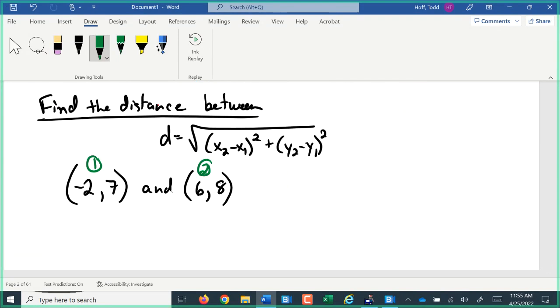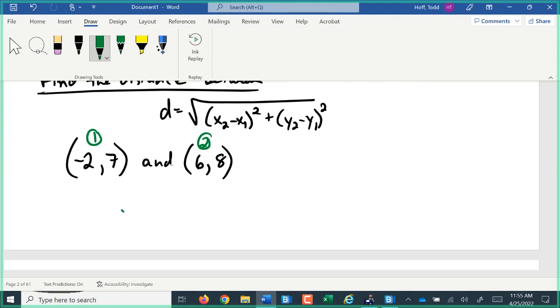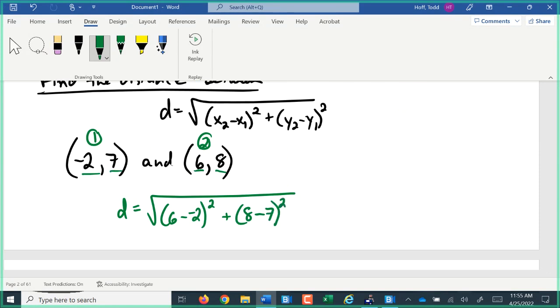So if I label those points 1 and 2, my distance will be the square root of x2, which is 6, minus x1, which is negative 2, squared, plus y2, which is 8, minus y1, which is 7, squared.